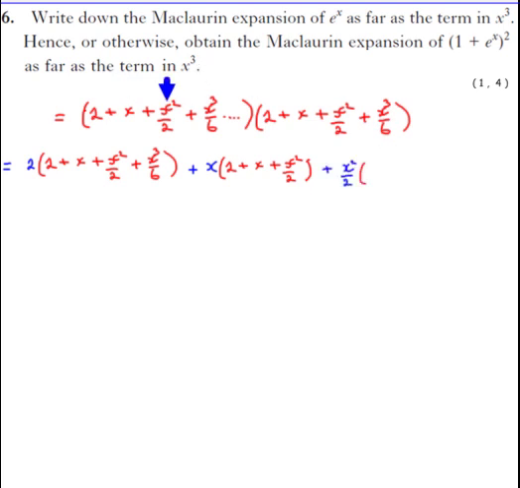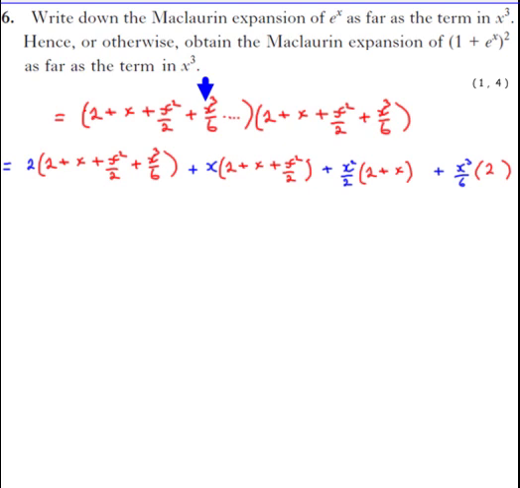So that's going to be x squared over 2 times 2 plus x. And finally, moving on to the x cubed over 6, we will only multiply the first term in the second bracket. Again, because if we multiply further, we'll get higher than x cubed powers. So that is x cubed over 6 just times the 2.